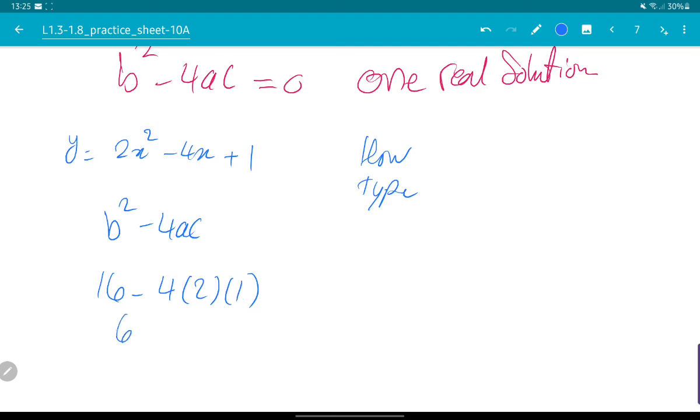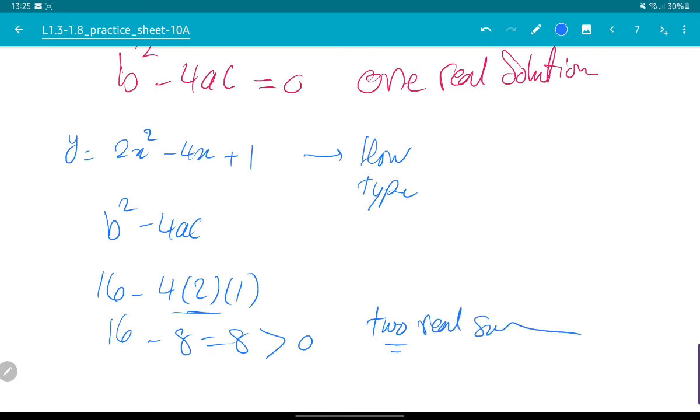Okay, 16 minus 8 is 8. So it's greater than 0. Greater than 0 means we have two answers, two real solutions. Two is the number of solutions, real is the type of the solutions.